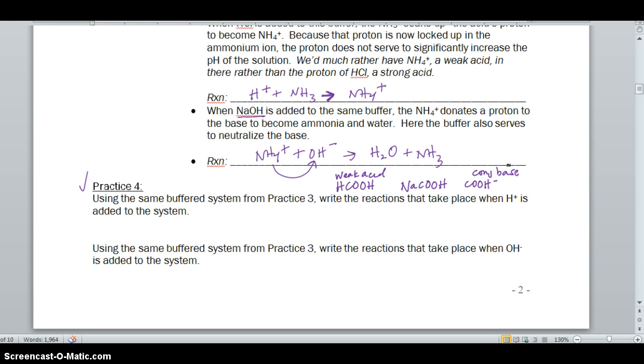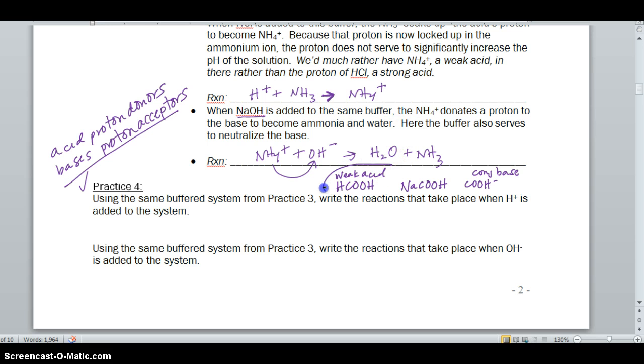Because this is just Bronsted-Lowry theory, right? Acids are proton donors, bases are proton acceptors. That's all it is, and that's all buffers are. But students get really confused about who's going to deal with what.